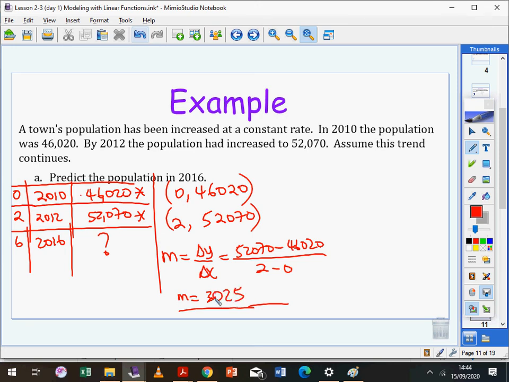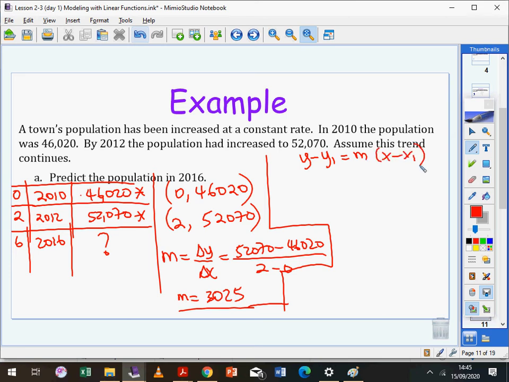So the slope is 3025, and I hope you can see that this is the population increase per year. That's how many people are added to this population per year. So if that's the slope, I can use the point slope form to find the equation of this relation. If I use point slope form, y minus y1 is equal to m times x minus x1.